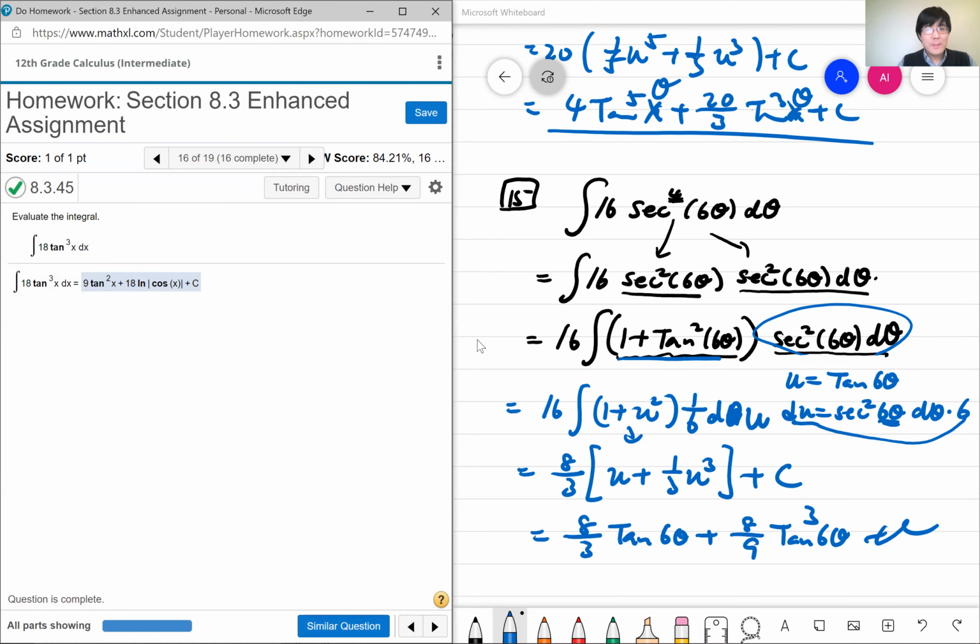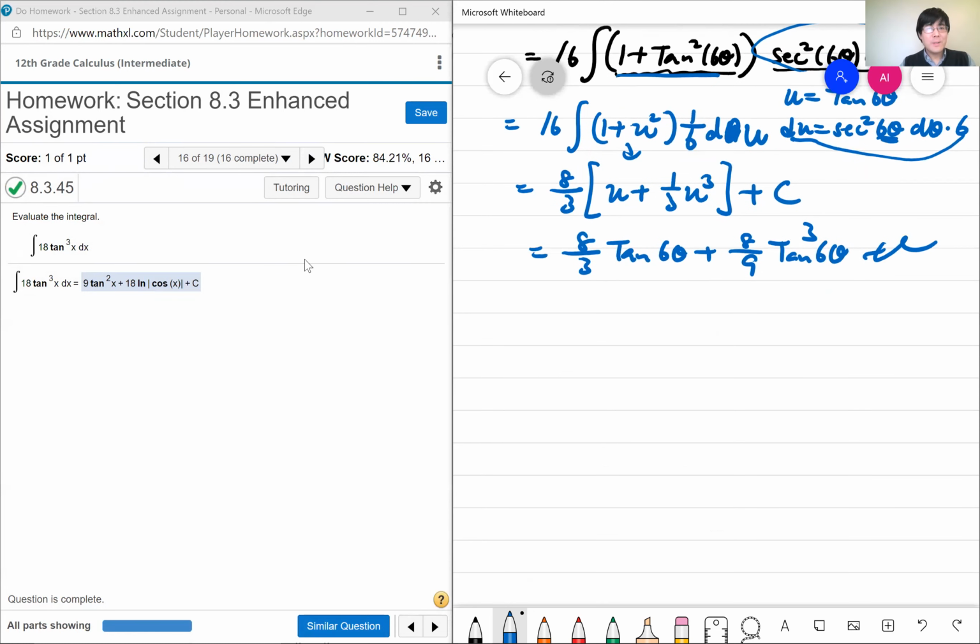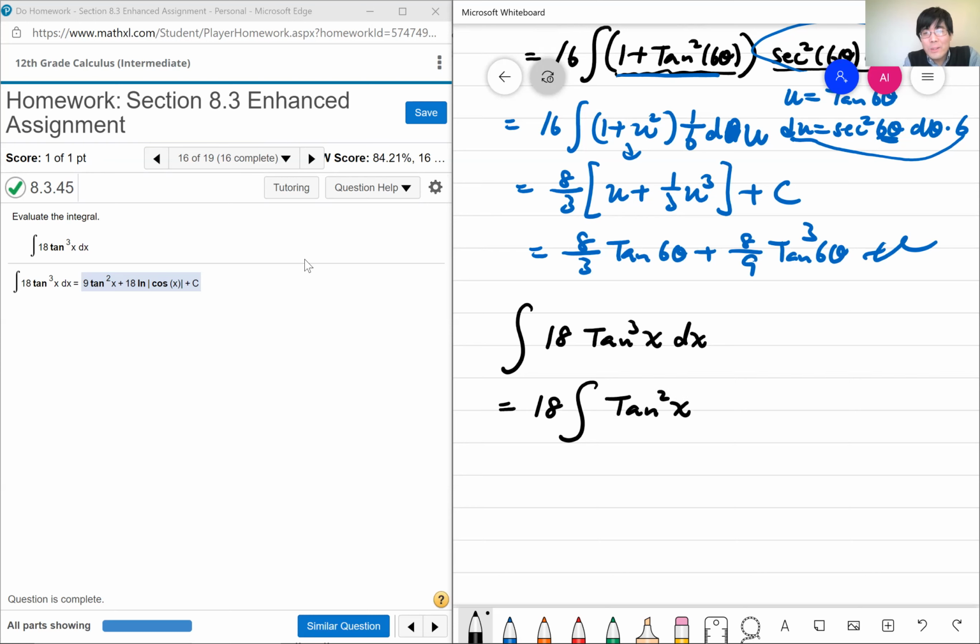Okay, number 16. How about if we have 3 tangents? So 18 times tangent x cubed. Okay, so when you have 3 tangent, let's put 1 tangent out. So you have 2 tangent and 1 tangent.